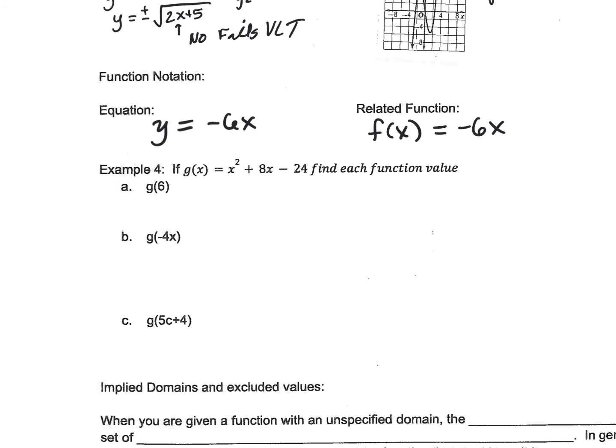The of x means the variable that is the input. Okay? So if I wanted to find f of 3, it tells me to plug 3 into the function f, doesn't it? So you have g of x equals x squared plus 8x minus 24. It says find the function value. Let's do the first one and see. So what are we going to do? Plug in what? Okay.